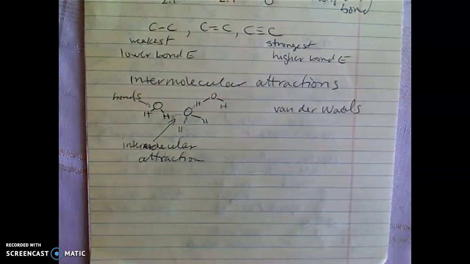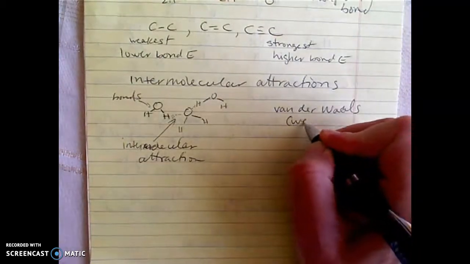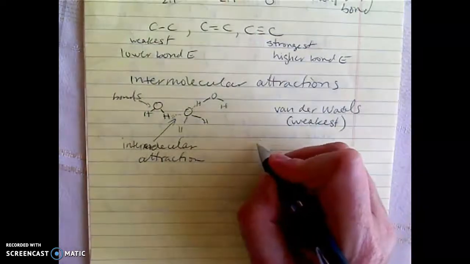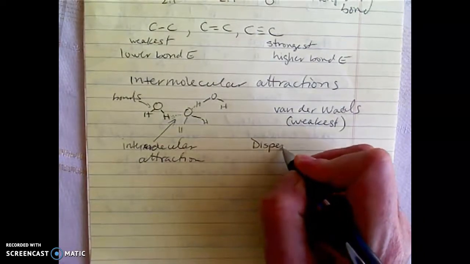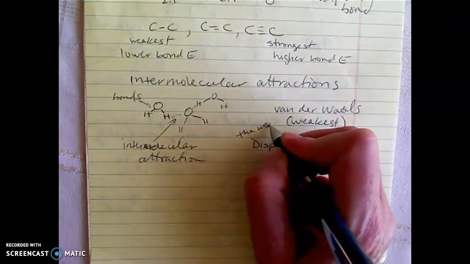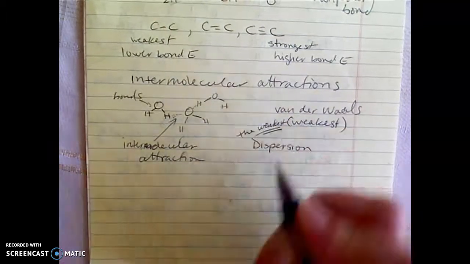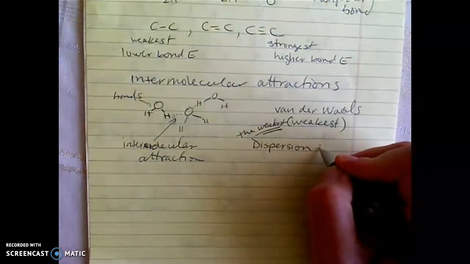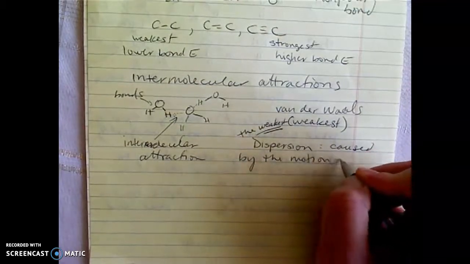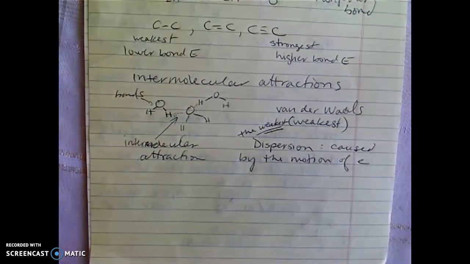There are actually 2 of them, so keep in mind these are the weakest. The first one is called dispersion. This is the weakest of all. It is caused by the motion of electrons. We see this a lot in our halogens.